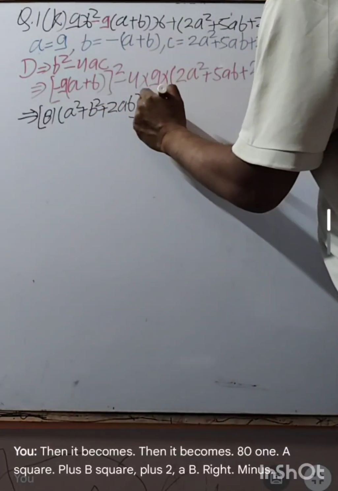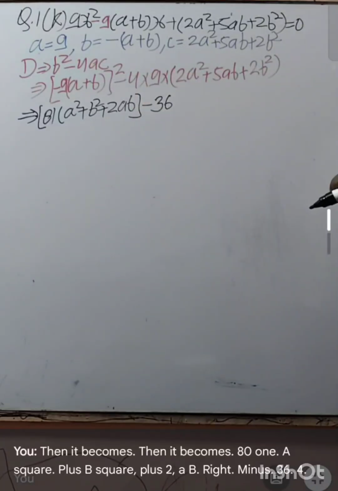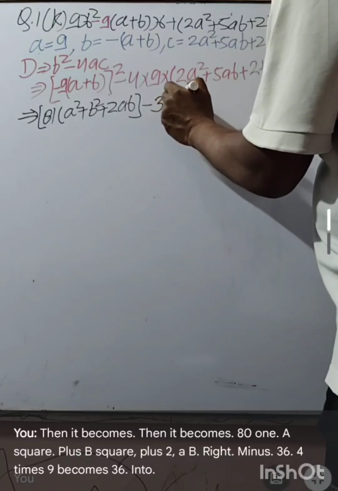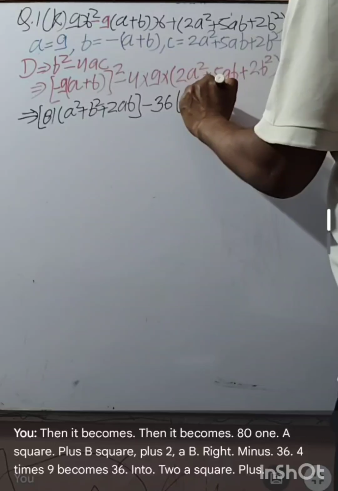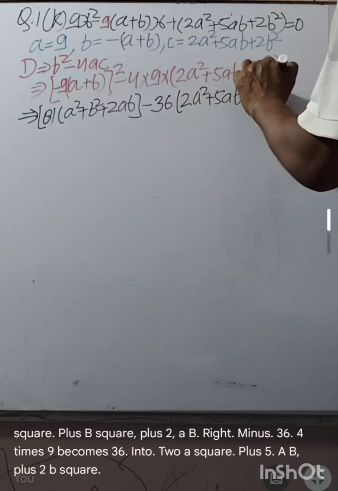Minus 36, 4 times 9 becomes 36, into 2a square plus 5ab plus 2b square.